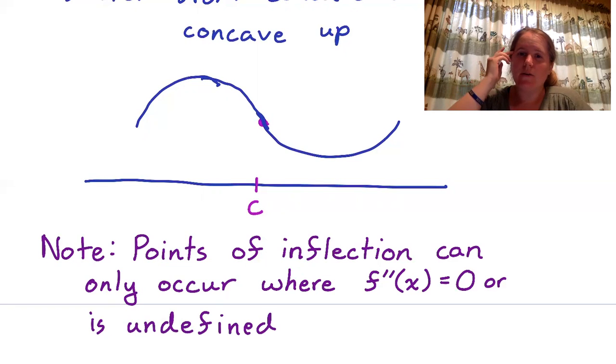And so we've essentially been doing precisely this when we were just looking at concavity. We were already finding these places where the point of inflection might occur. Then we just need to check that the concavity switches signs.